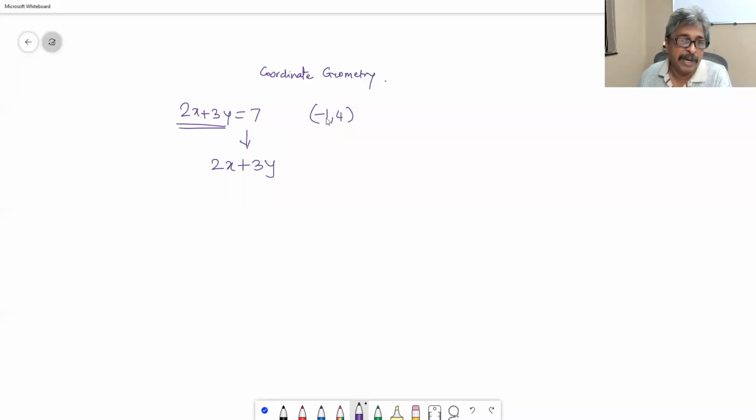The line is supposed to be parallel but passing through this point. Therefore, this point should satisfy this, and hence minus 2 plus 12 is equal to 10. This will be the equation of the line passing through this point P parallel to this line 2x plus 3y is equal to 7. Okay, this is what we have done.